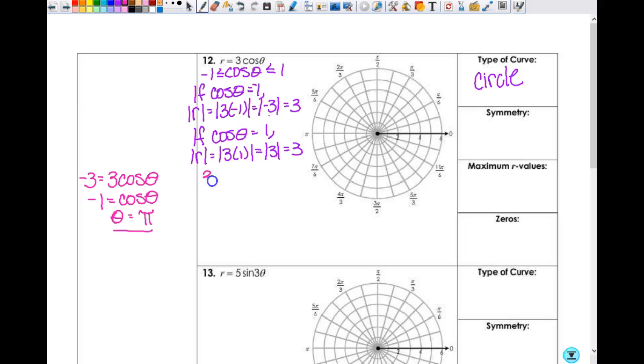Then I use the positive 3. 3 equals 3 cosine theta, so 1 equals cosine theta, which means that theta equals what? 0 and 2 pi. So then the absolute value of r equals 3 at theta equals 0, pi, and 2 pi.